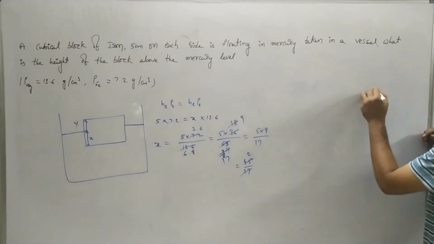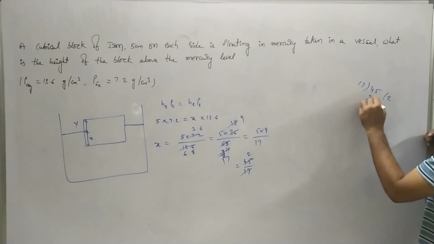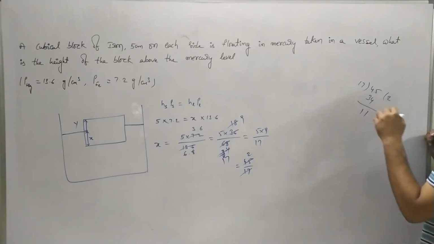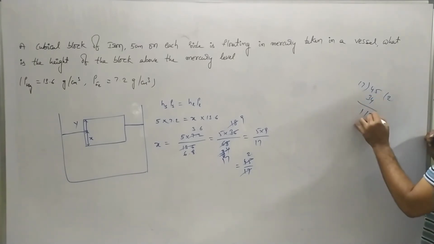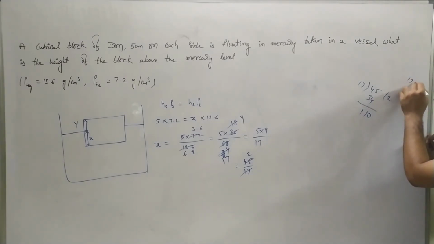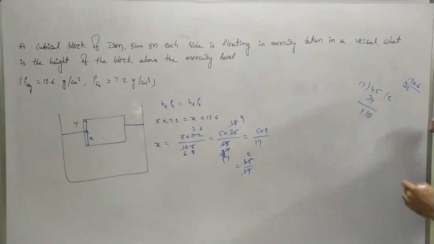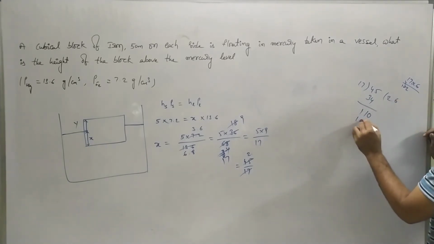So 34, 1 and 1. As we place a decimal point here we get 110, 17 sixes are 102. So here we get 6, 102.